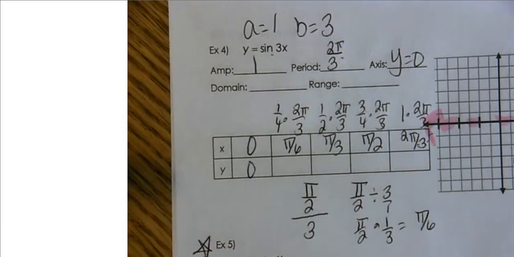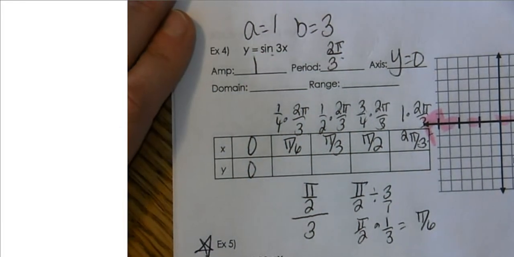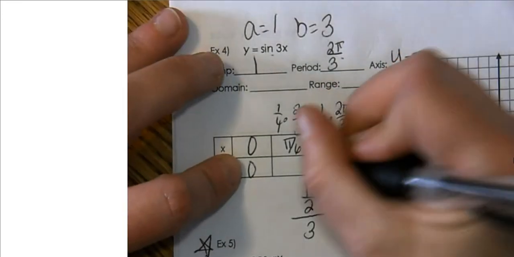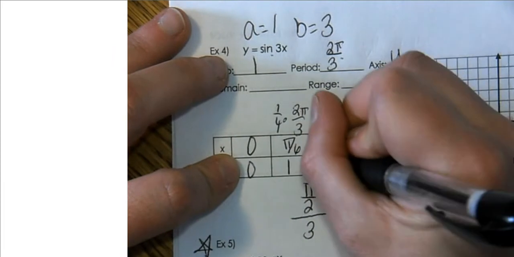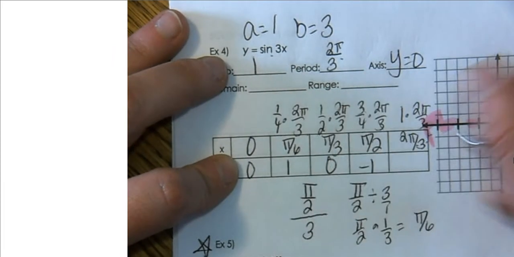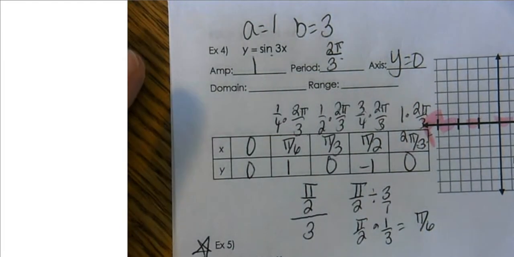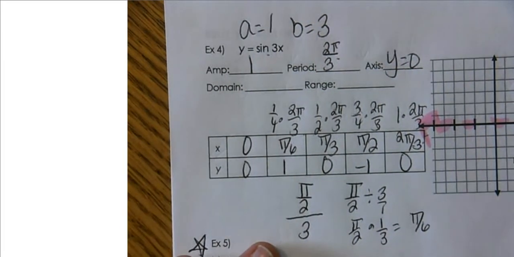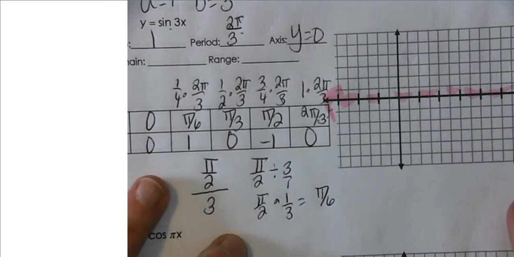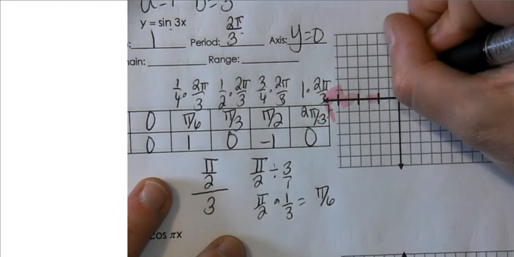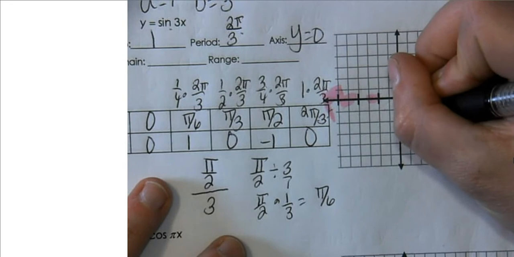So that is another approach. When it comes to y values, we want to use the pattern for sine that's 0 up, 0 down, 0. So 0 up to the number 1, back to 0, down to the -1, and then back to 0. All right, let's go ahead and label and then plot our points. So labeling, I only need to go up to 1, and I like to skip lines because I think it makes the graph look nicer.